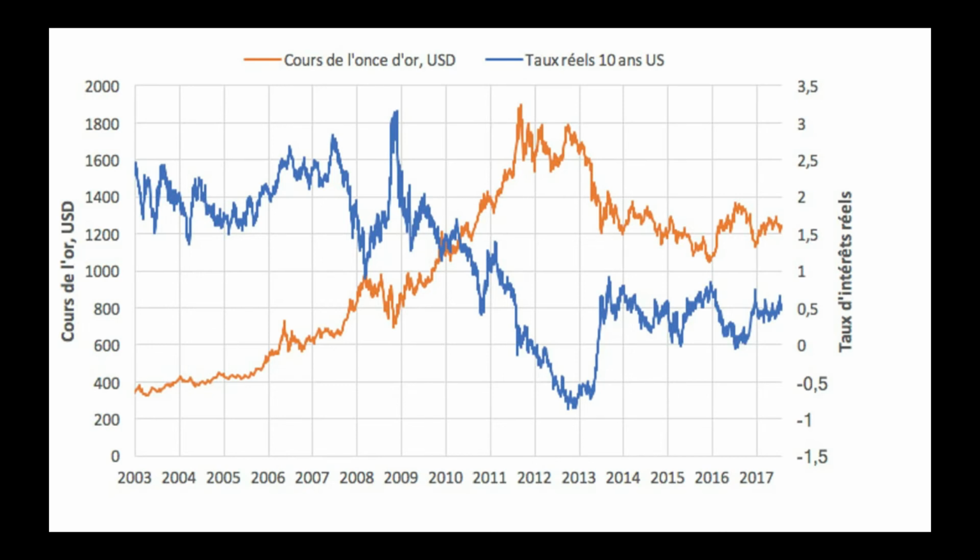And as you know, the interest rates were negative then. Again, if you look at 2016, 2017, you can see just like in a mirror the price of gold and the interest rate. So if we increase interest rate, there is a fundamental explanation that the gold price can fall down.